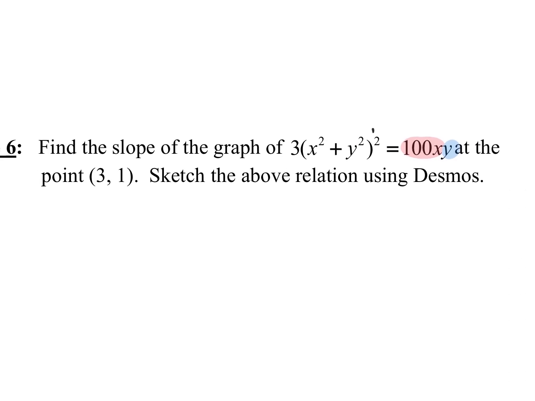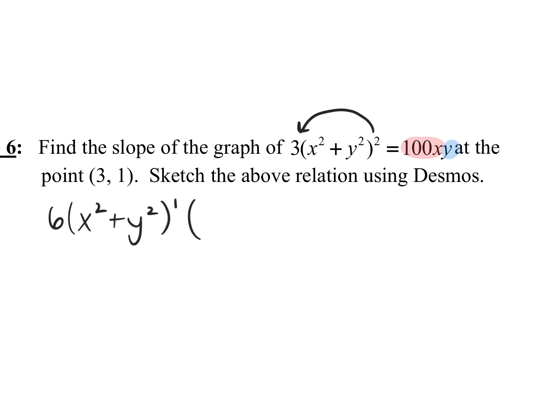I'm going to start by moving that power down in front. So this becomes 3 times 2, which is 6. And then I'm going to rewrite everything on the inside of that parentheses. This is technically to the first power. And then I need to take the derivative of the inside, right? That's what our chain rule says.